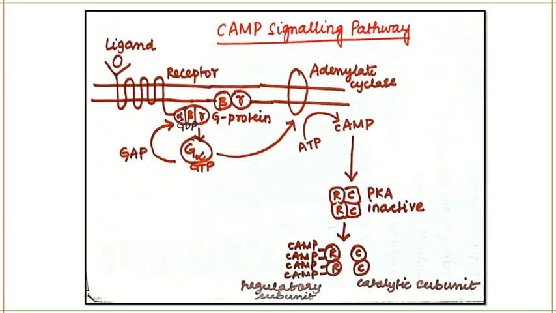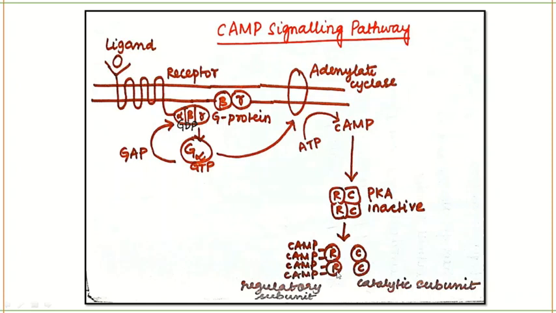Let's know a little bit about protein kinase A. Protein kinase A has four subunits: in its inactive state it has two regulatory subunits and two catalytic subunits. When cyclic AMP binds to the regulatory subunit, two cyclic AMP bind to one regulatory subunit. Since you have two regulatory subunits here, four cyclic AMP will bind.